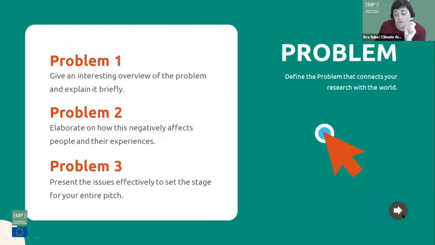Right, so make sure that your problem is connecting to the real world and you're able to present it in a way that people think, oh, okay, yeah, I see why you're researching in this area.